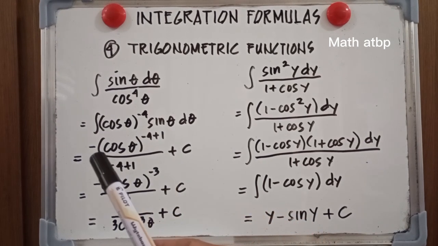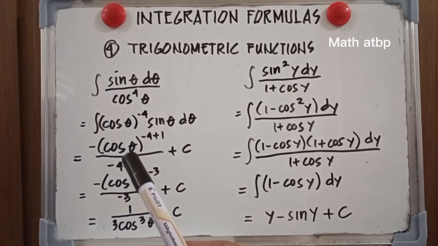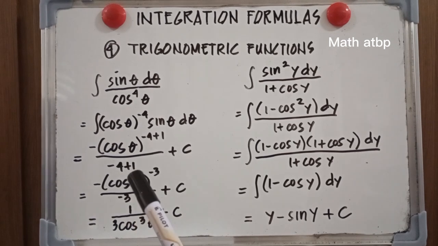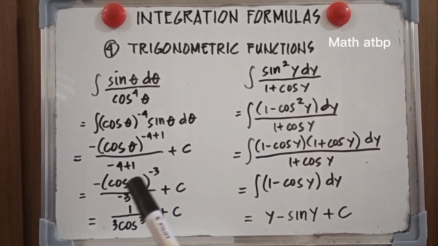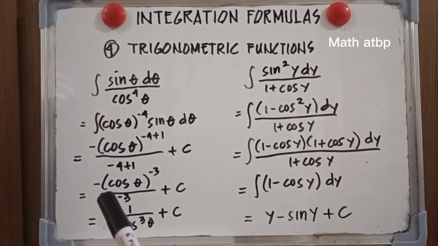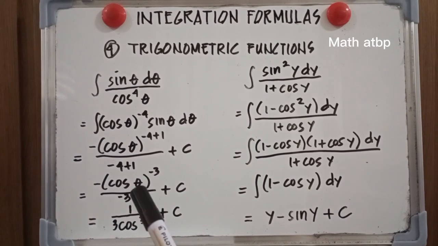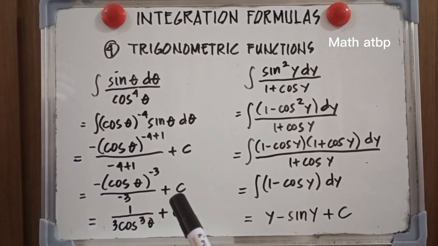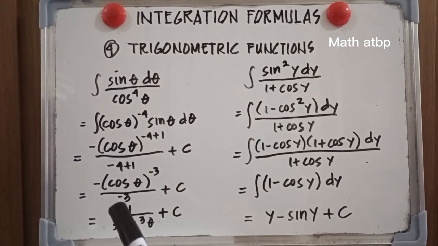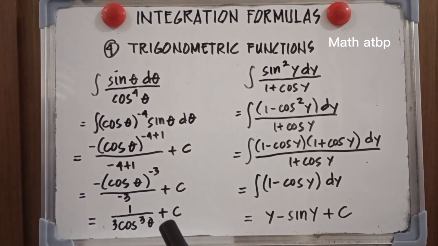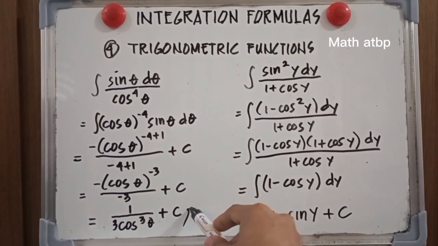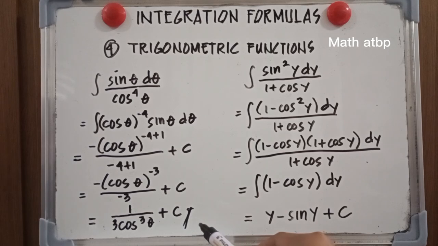That's why in here we have negative quantity of cosine theta raised to negative 4 plus 1, the power formula, divided by negative 4 plus 1 plus c. And that becomes negative quantity of cosine theta, closed quantity, raised to negative 3 divided by negative 3 plus c. And finally, negative divided by negative is positive 1 over 3 cosine cube of theta plus c. That is the integral of sine theta d theta over cosine to the fourth theta.